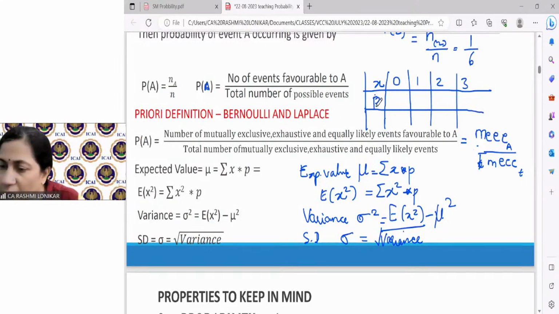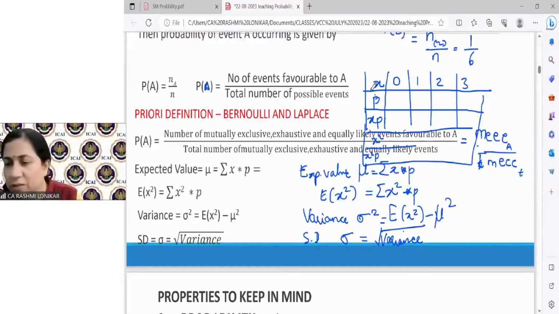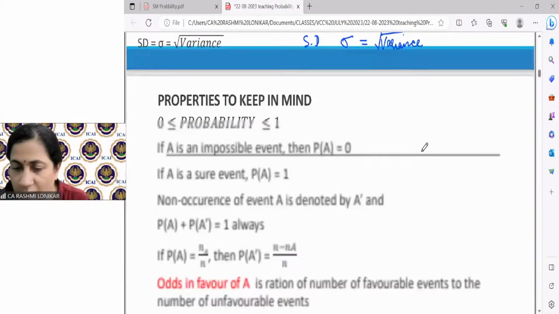Then I will have xp, I will multiply x into p, and then another column x square, and then x square into p. This is the kind of table I will make. For calculation ease I will write it like this, and then it becomes easy for me to calculate and not make mistakes.